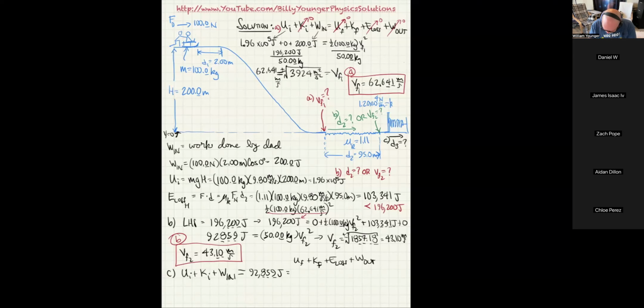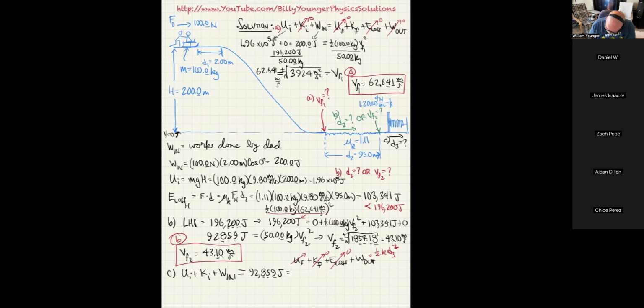non-frictional surface. So what we have here is that the U final is at y equals 0. So that's U equals 0. The kinetic energy, once he's completely compressed the spring, will be 0. And the E loss, which I would normally count, like I said, as friction, that's going to be 0. But this right here, the work out, is going to be 1/2 K, and then I called it D3, so I'm going to say 1/2 K D3 squared instead of 1/2 KX squared.